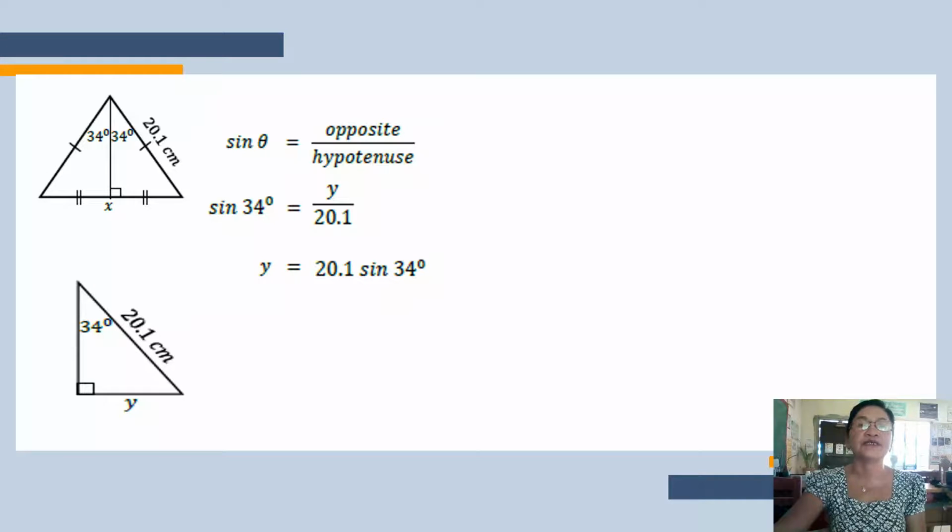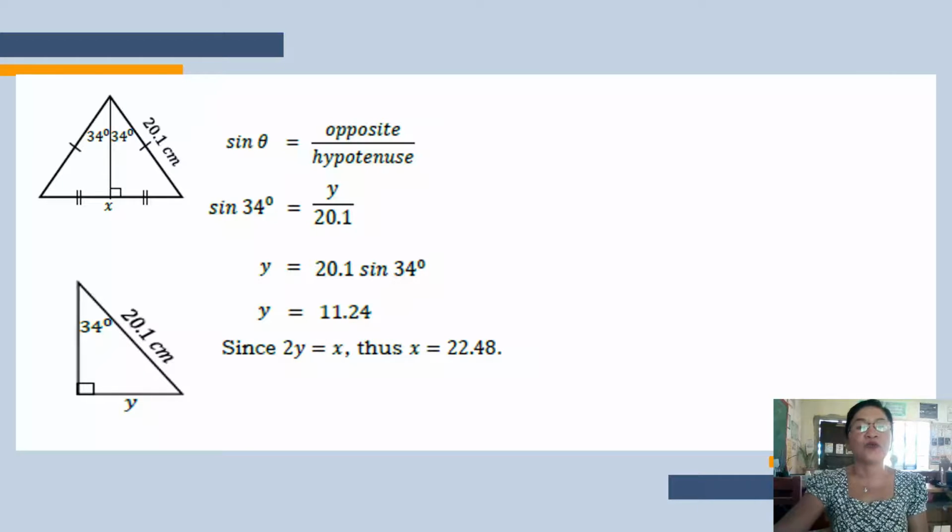Using again your scientific calculator, you can find the value of sine 34 degrees. Then, you are going to multiply it by 20.1. The process that you have applied here is cross multiplication. So you come up with 11.24. That is only the value of y.